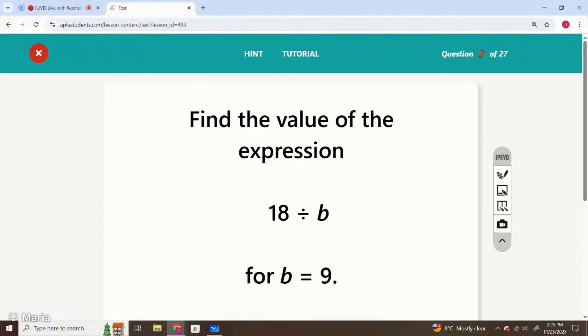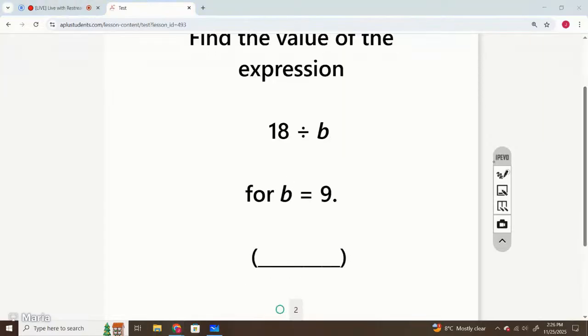Find the value of the expression 18 divided by b. Replace the variable b with the value. The value of the variable b is 9. So that would be 18 divided by 9. 9 times what number is 18?